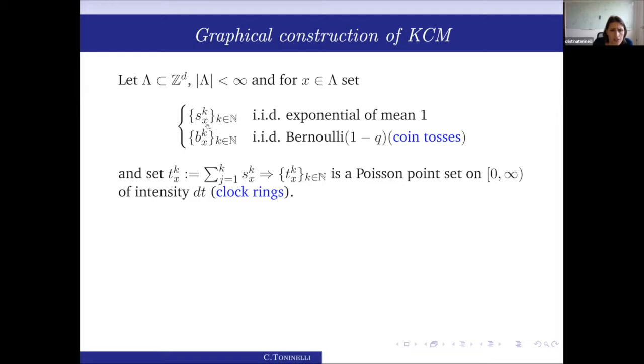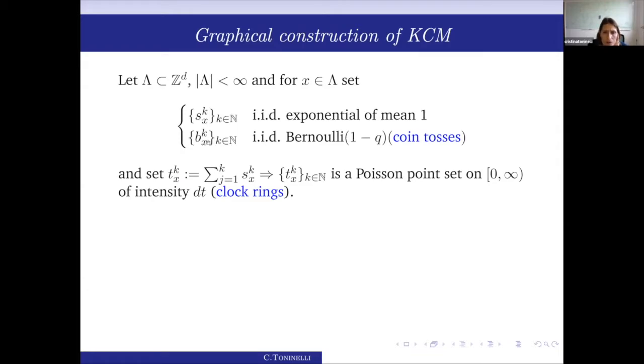for each site of the lattice, we define a sequence of IID exponential variables of mean 1, those that I call S_{x,k}. x is the site, k is the index over this family. And I also define a family of Bernoulli variables, so 0-1 variables, which with probability 1 minus q are 1, and 0 with probability q.